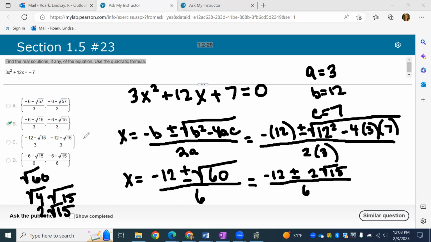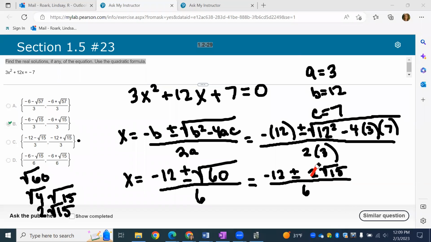The answer for part C is super similar to what we have right now, because we have negative 12 plus or minus 2 square root of 15 divided by 6. They have negative 12 plus or minus the square root of 15 divided by 3. So I'm thinking what would happen if you accidentally got that is maybe you canceled out the 2 and the 6, but didn't realize that the 6 is also dividing the 12.